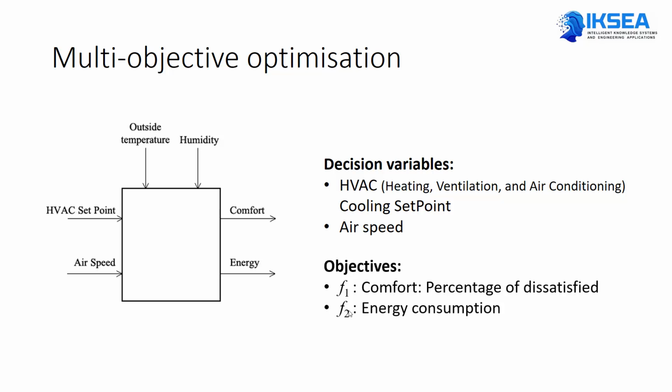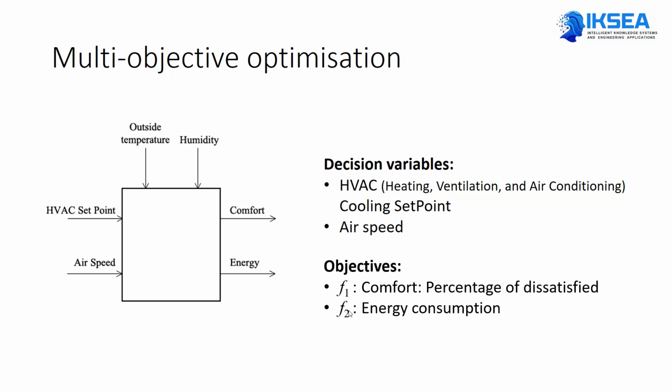Also, there are two competing objectives, comfort, because in warm areas we have to lower the set point of the air conditioning to achieve better comfort, and energy use, which works the other way round, since if we want to reduce energy use, we have to increase the temperature set point. We will come back to this example later.